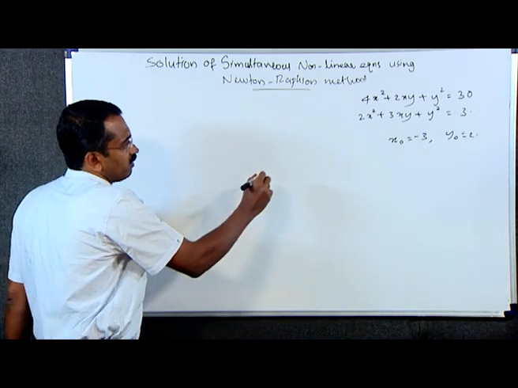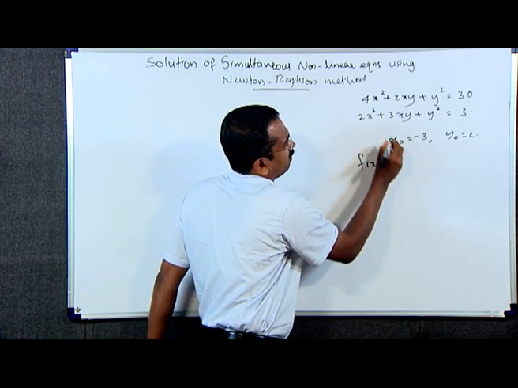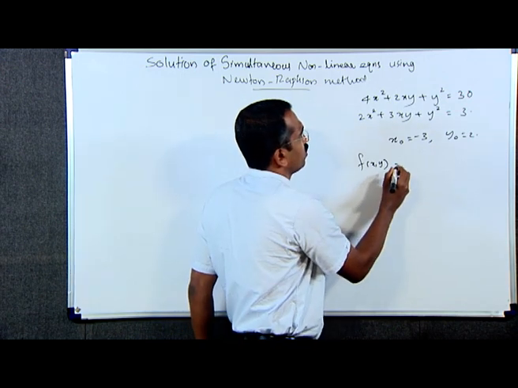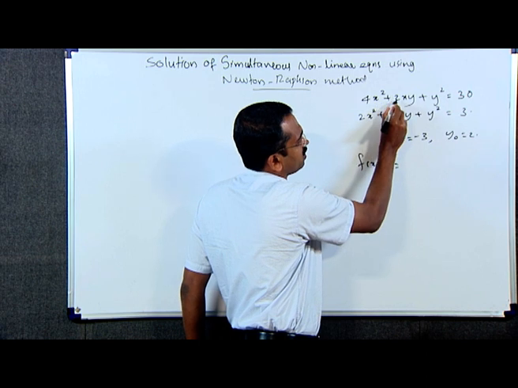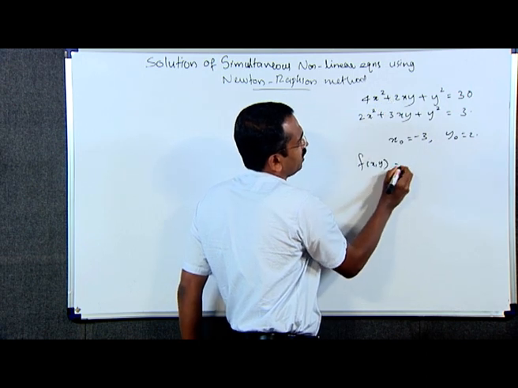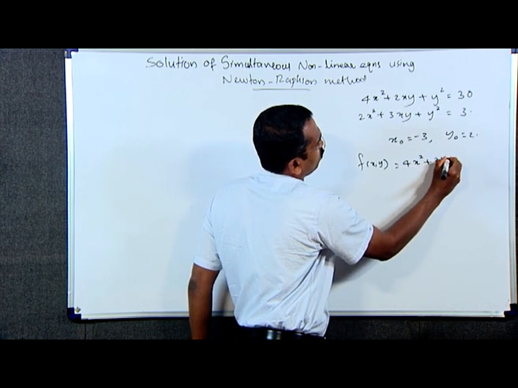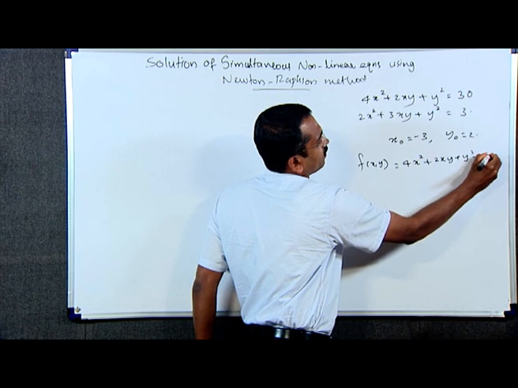Here we assume f(x, y) as the left hand side of the first equation, that is f(x, y) is equal to 4x square plus 2xy plus y square minus 30.